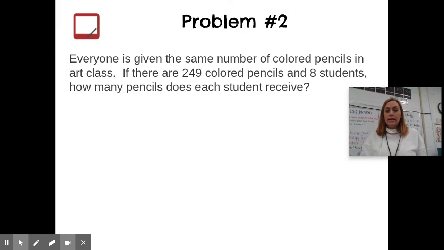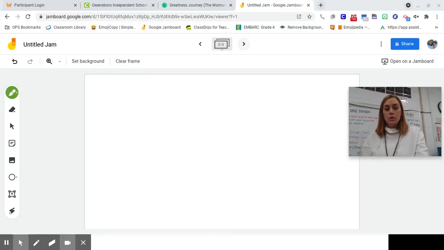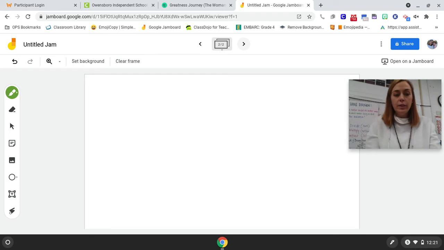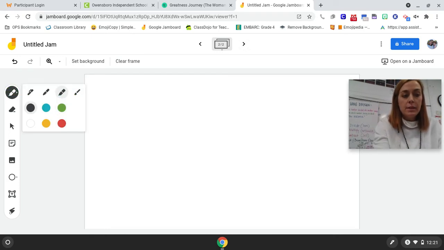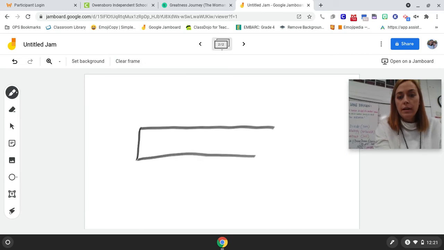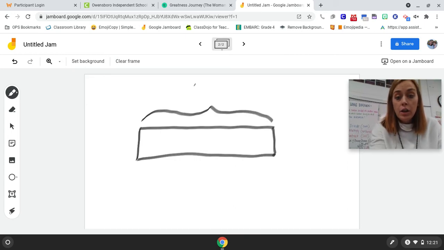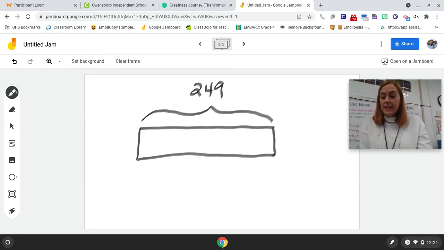So hopefully your tape diagram, let's go to my Jamboard here, will look something like this. So I have to look at my problem here. I have 249 colored pencils, so that's my big whole that I know, right? 249. And then it tells me that there are 8 students.